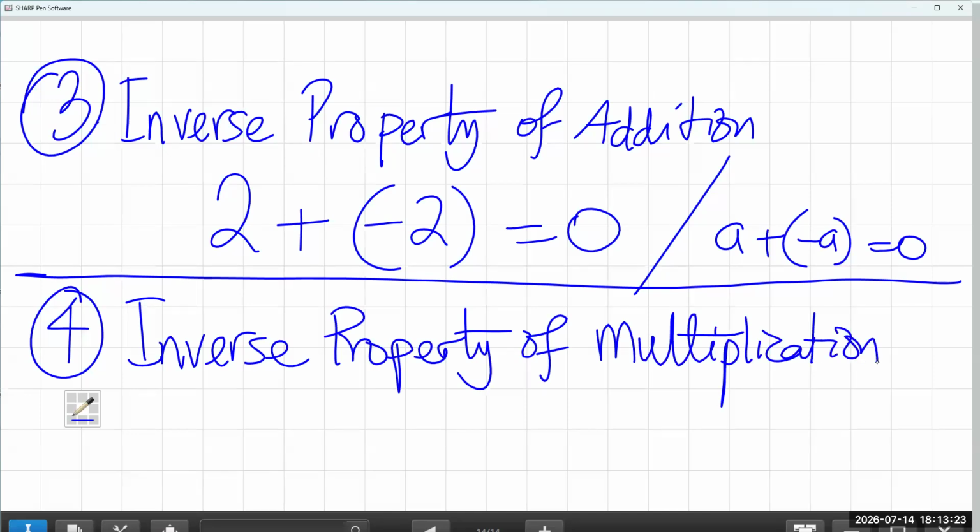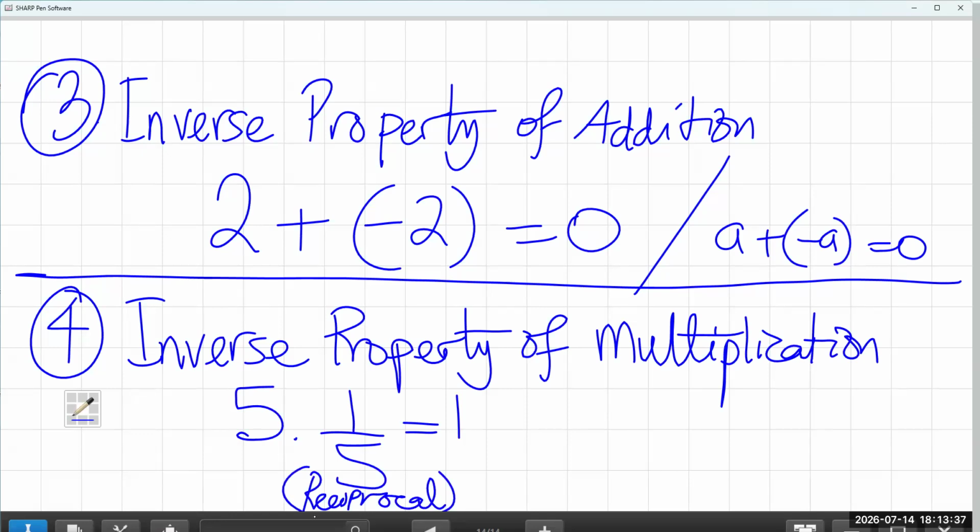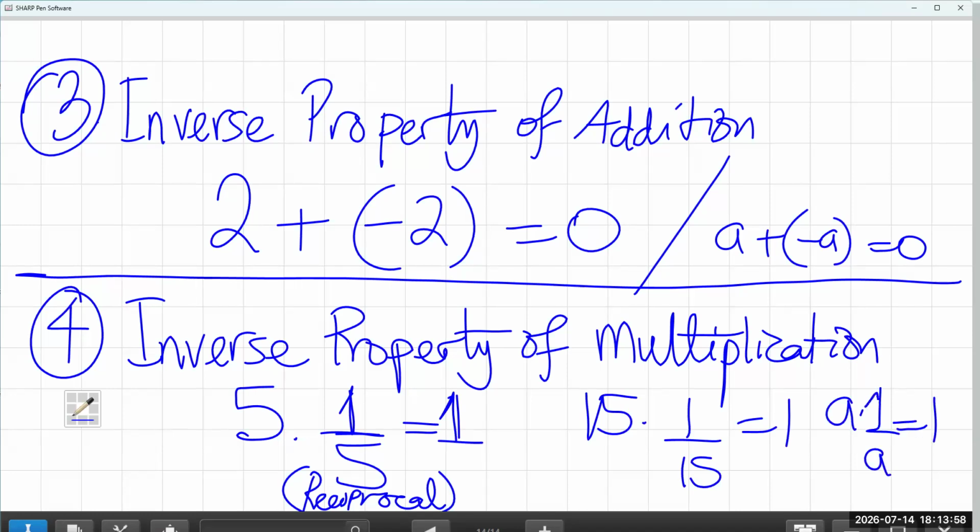The inverse property of multiplication says if you multiply a number times its reciprocal, that's something you might remember, reciprocal, then a number times its reciprocal is equal to 1. So I could do 15 times 1 over 15, that's equal to 1. And the rule is also true such that I can use a letter and get that as a general understanding of that rule.